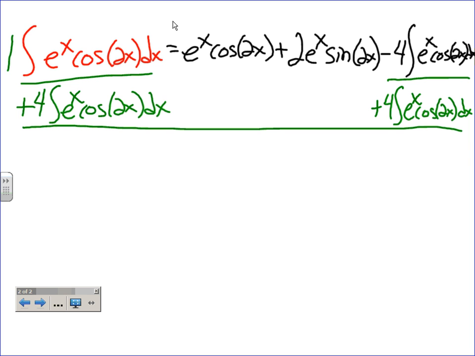And I'll give you a second to write that down. Because these two cancel. And now you can see why I went to another page. No way this would have fit on the last one.